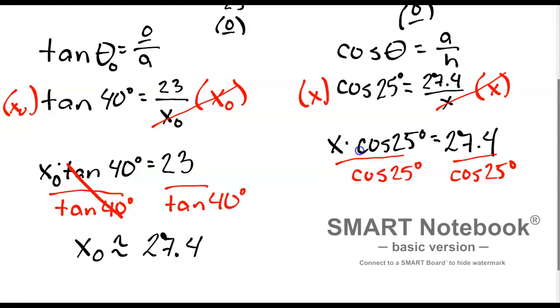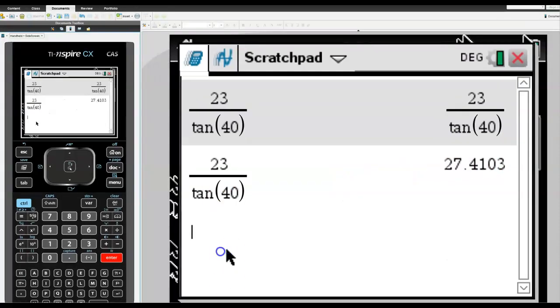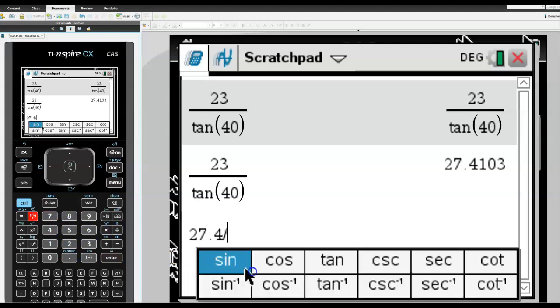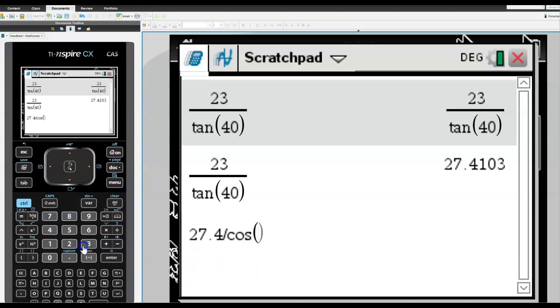Since this and this are the same value, they'll cancel, and I'm left with x is approximately whatever we can get from here: 27.4 divided by cosine of 25.